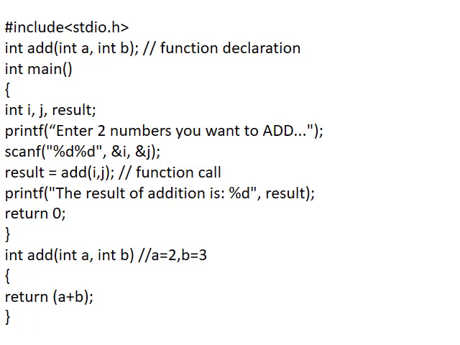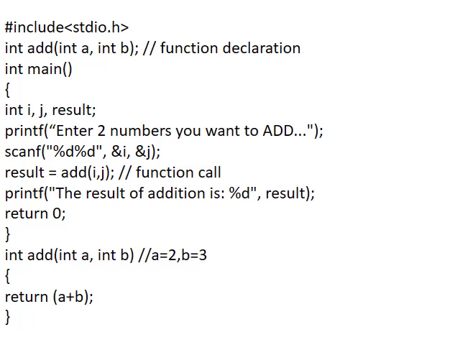Now add(i, j), so 2 comma 3 will be sent to the add function. Once the instruction result = add(i, j) is executed, the control will directly go to the function int add(int a, int b).